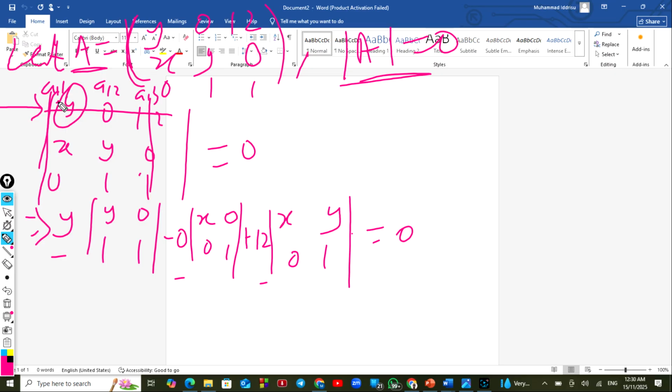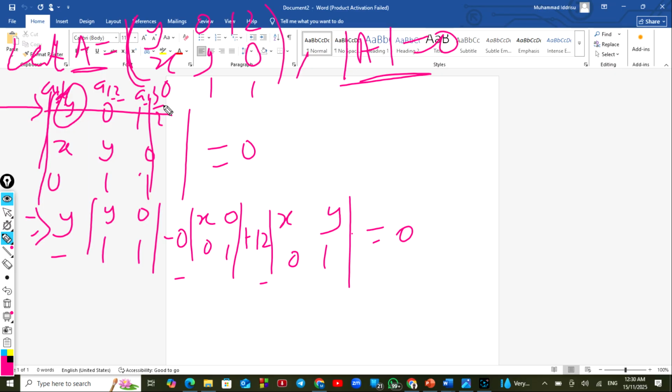The first index represents the row and the second represents the column. So a11 means the entry of row 1 column 1, then row 1 column 2, row 1 column 3.